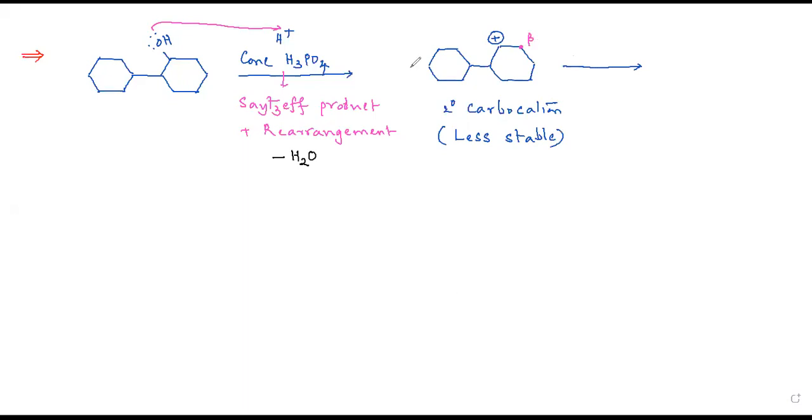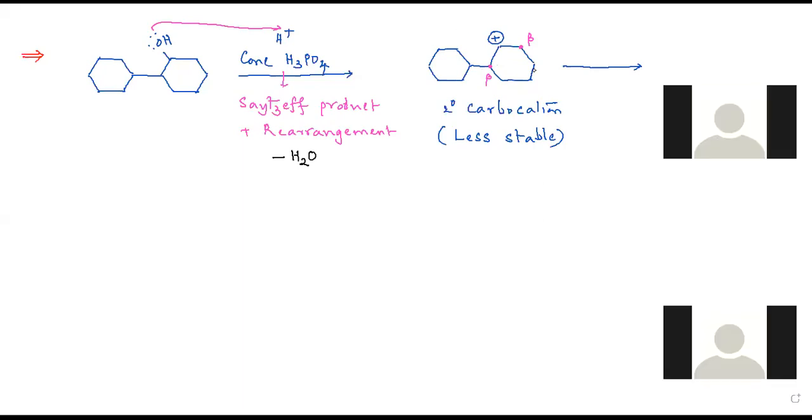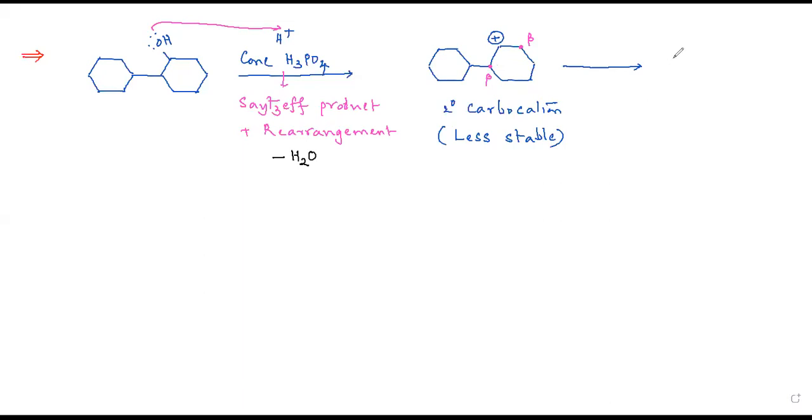Say this is beta, and there is another possibility, even this is a beta carbon, from where we can abstract a hydrogen. Now in this, we get this. Okay, there are two possibilities in this.